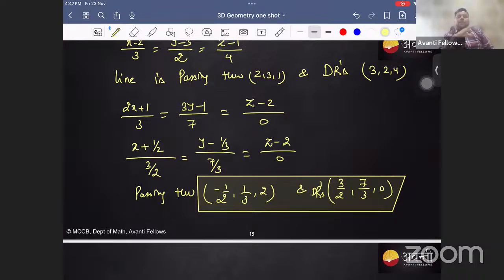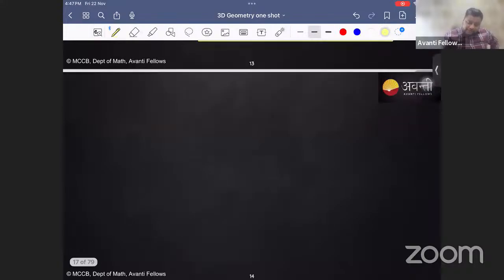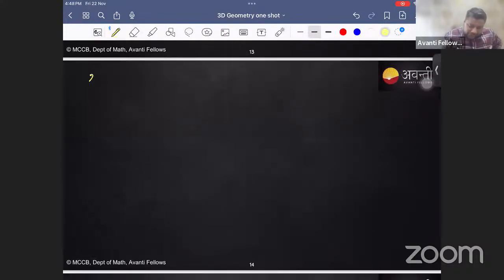Clear? Now, if you have a line in vector form, we can write it in 3D form because we know the point and direction ratios. If I have a line in 3D form, we can write it in vector form. Got it? Now, say I have a line (x minus 3) by 4, (y plus 1) by 2 is (z minus 1) upon 3.